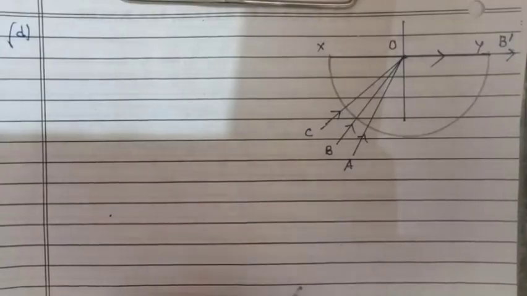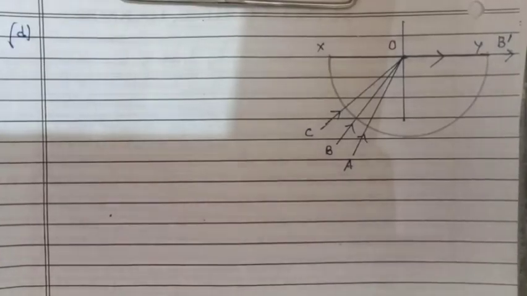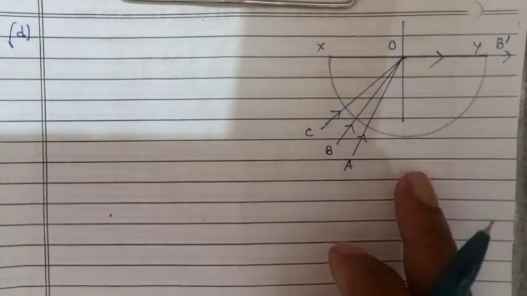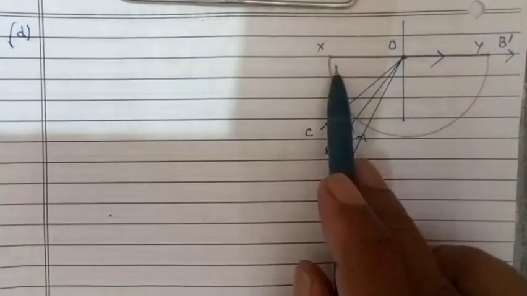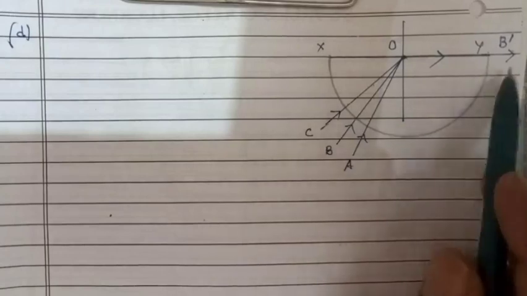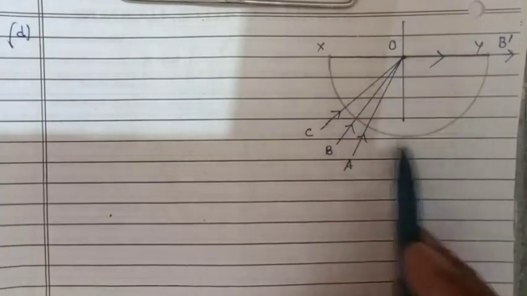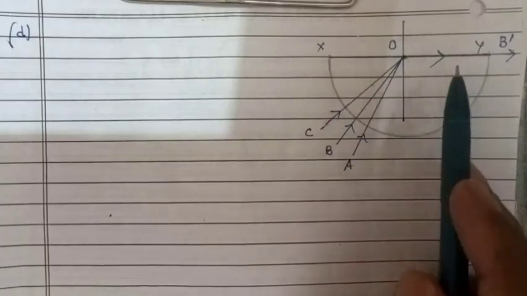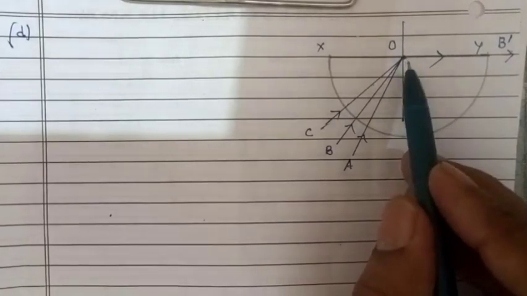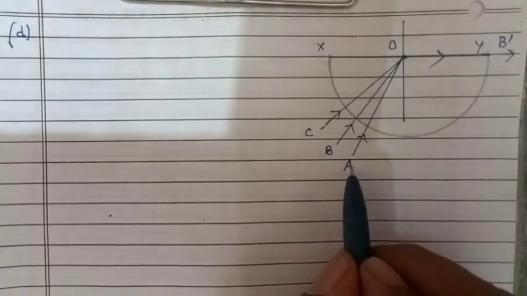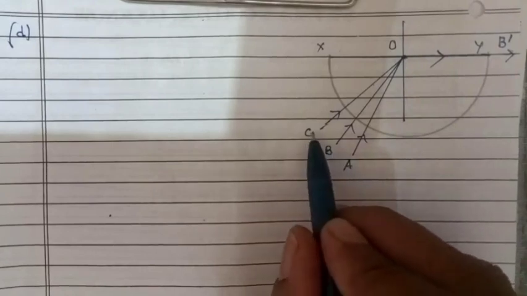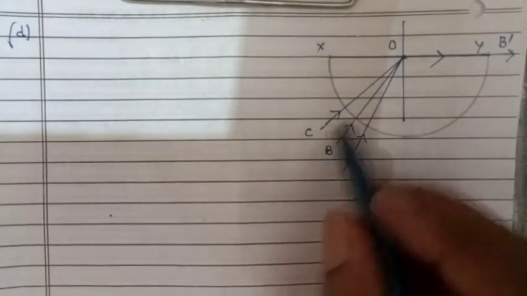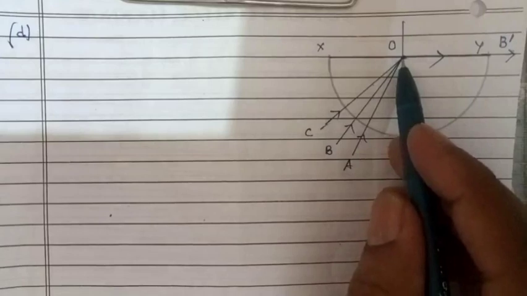Okay, now in the D part, this is the diagram shown to you. The diagram is showing a section of a semicircular block. This is the center of the semicircular block marked as O. They have shown you three rays A, B and C. These three rays are directed towards the center of the semicircular block.